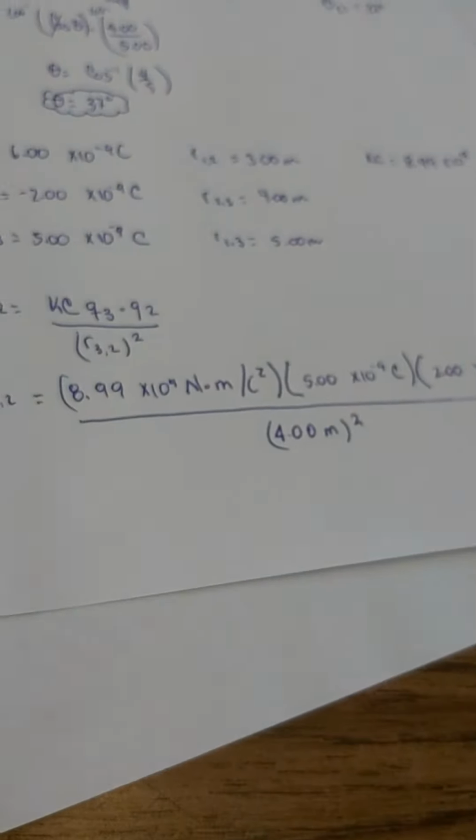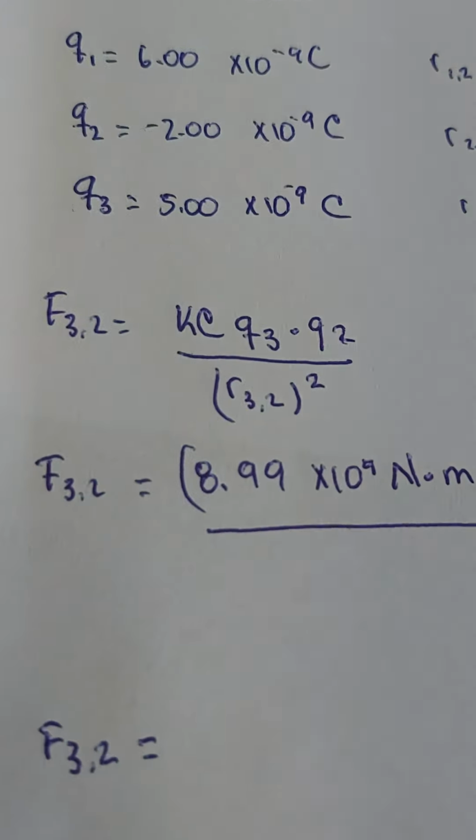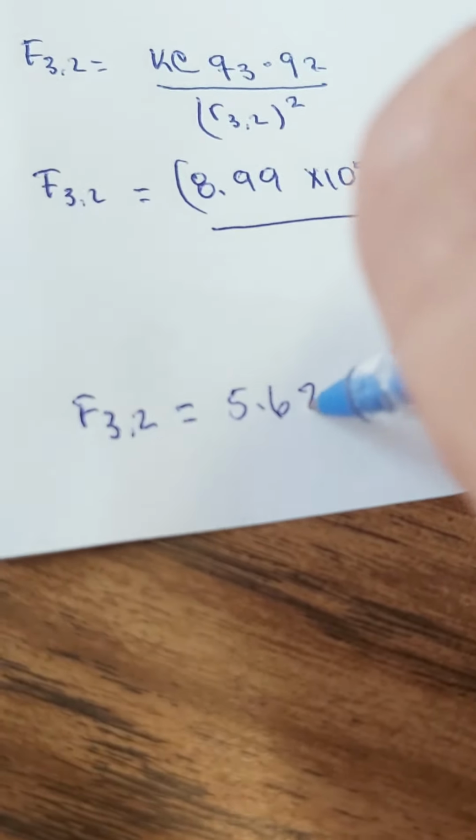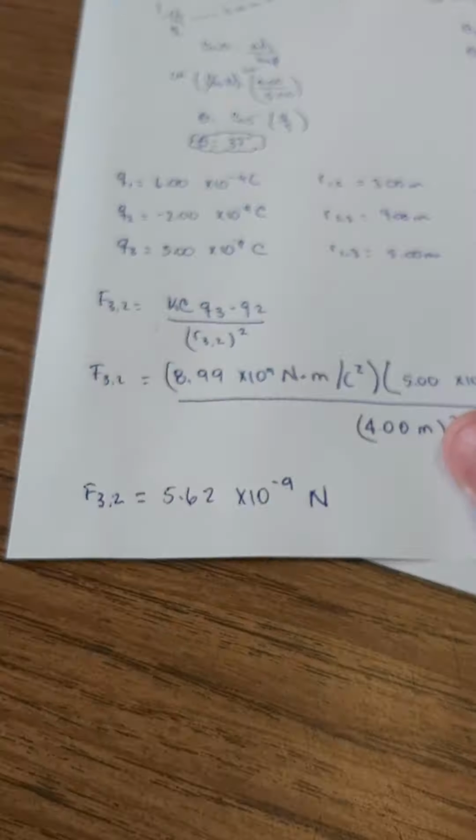Using our calculator, we get that the electric force between charges 3 and 2 is 5.62 times 10 to the negative 9 Newton. So that's our electric force between charges 3 and 2.